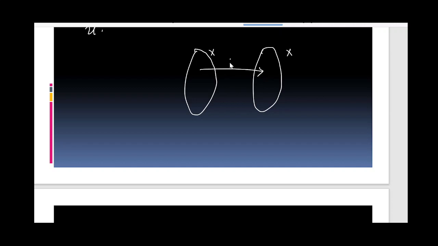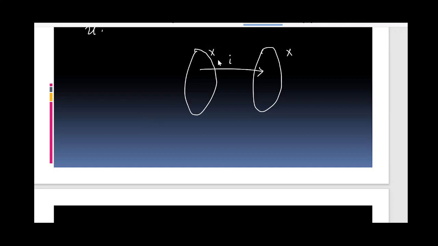in topology we can have non-continuous identity function also. Okay, so this is x and this is also x. Now from x to x I am having the identity function.